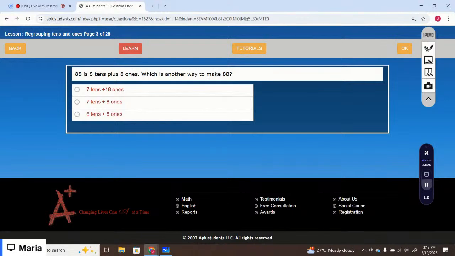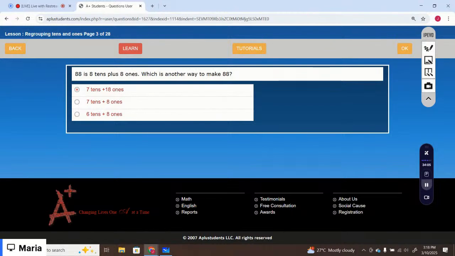Eighty-eight is 8 tens plus 8 ones, which is another way to make 88. So option number 1 is the correct option.